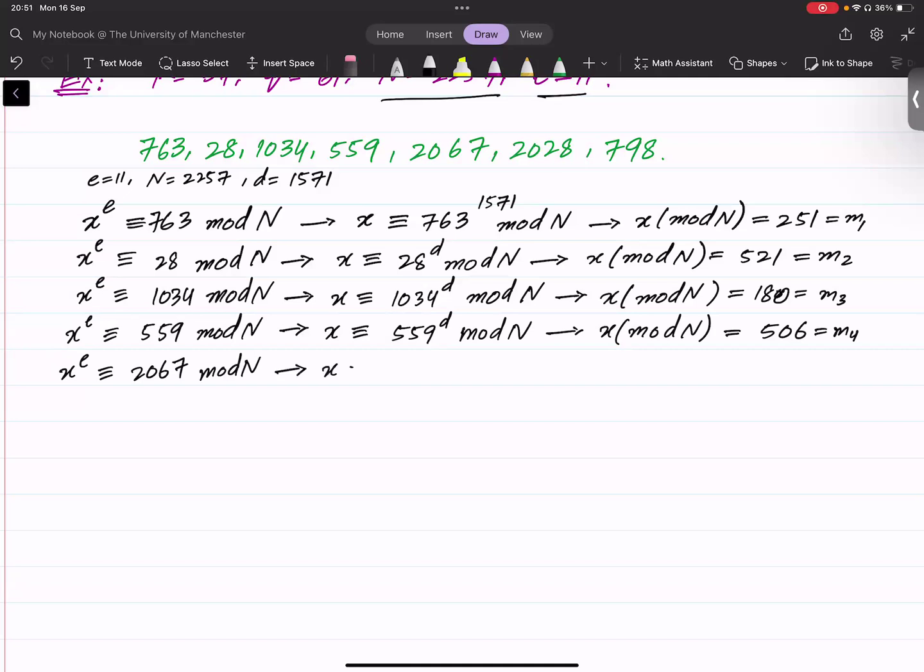This goes to x is congruent to 2067 to the power d mod n, then x mod n equals 091, and this is M5.